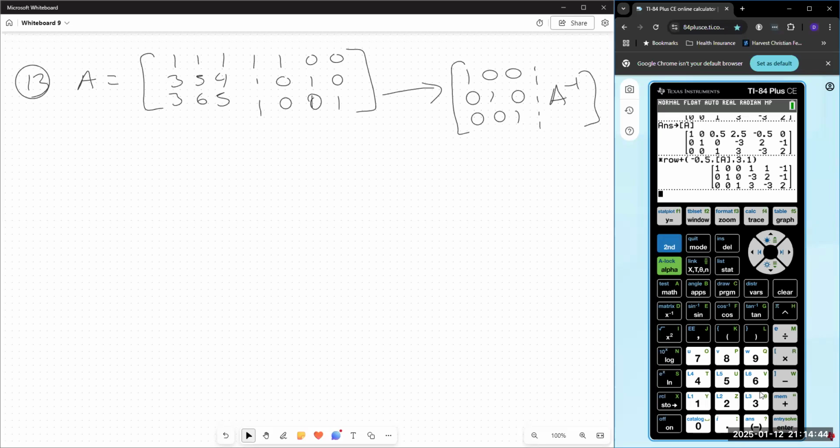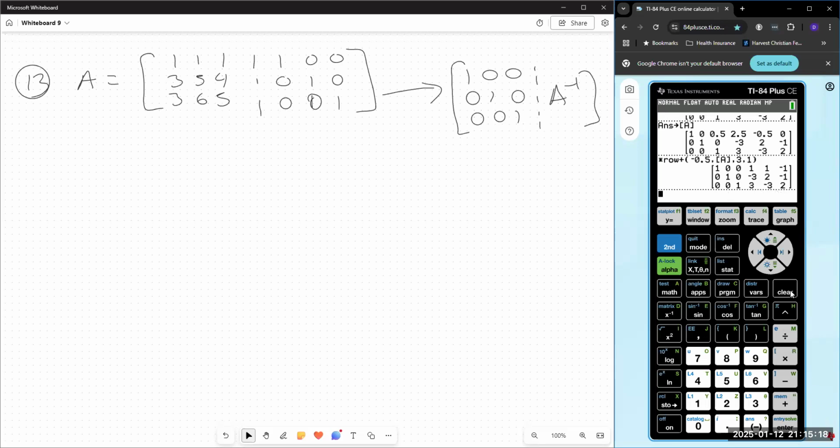There's our answer for our inverse matrix: 1, 1, -1, -3, 2, -1, 3, -3, 2. So go ahead and write that down. I'll show you a couple of other ways that we could have gotten that.